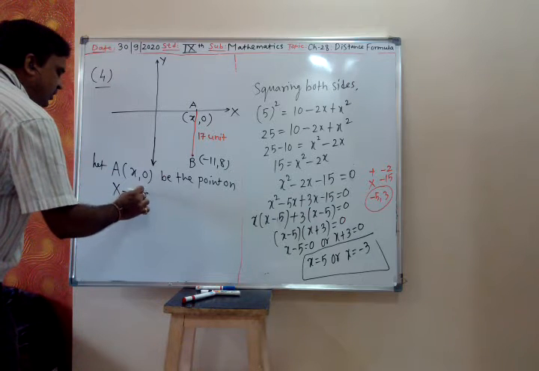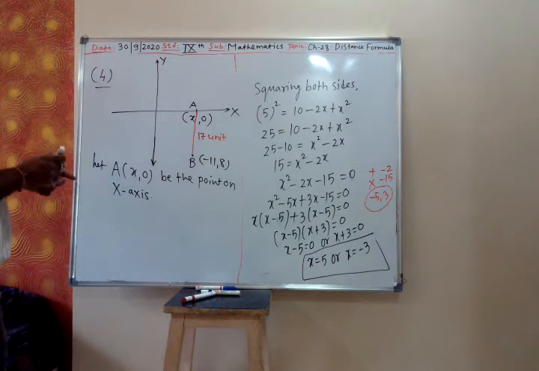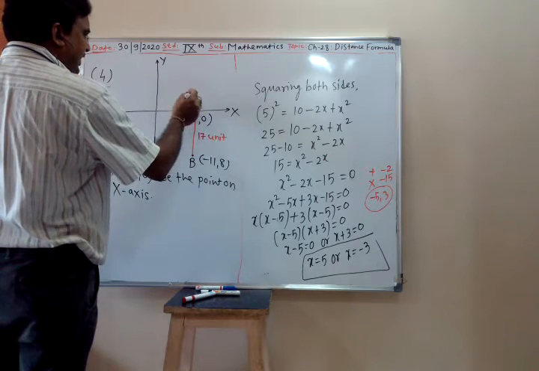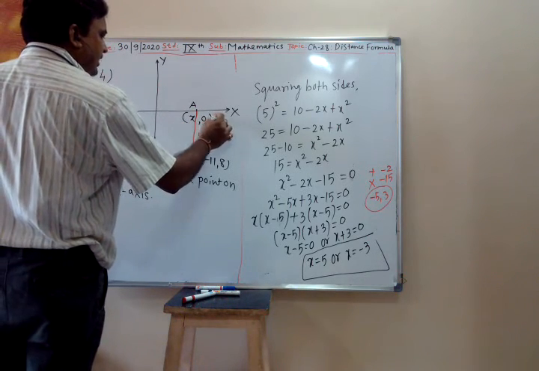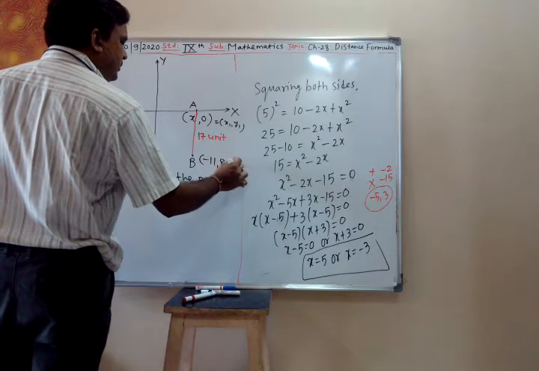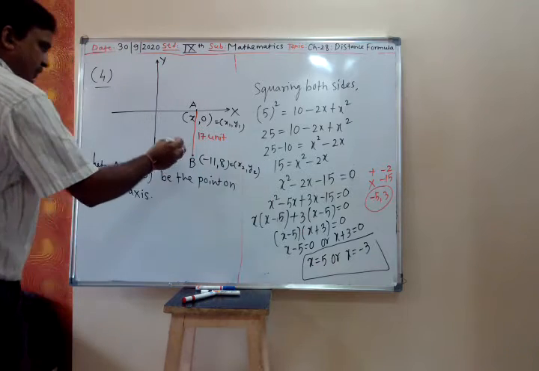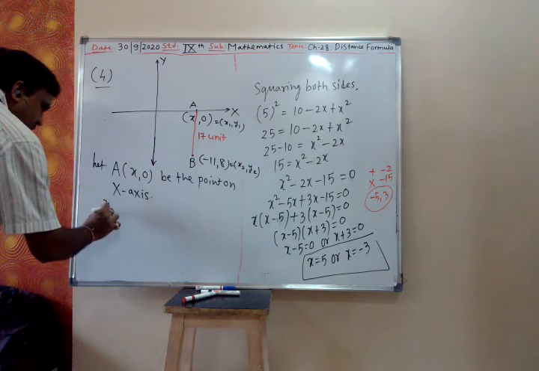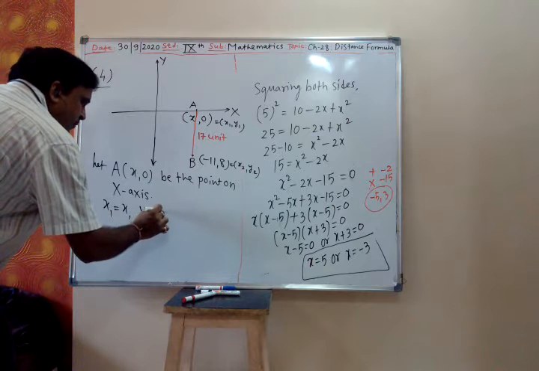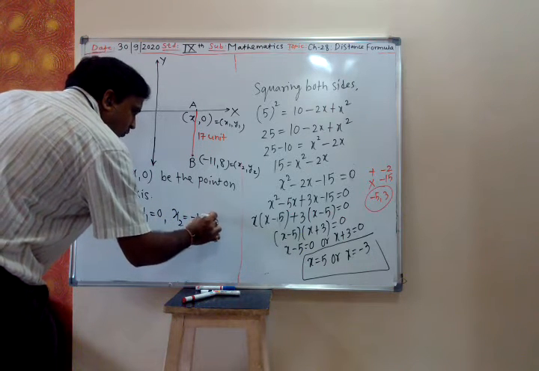When you take a point on the x-axis, its y-coordinate, or second coordinate, must be 0. So now I can take this A as (x1, y1) and B as (x2, y2). So you will get x1 is x, y1 is 0, x2 is minus 11 and y2 is 8.